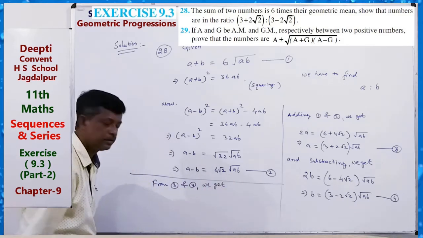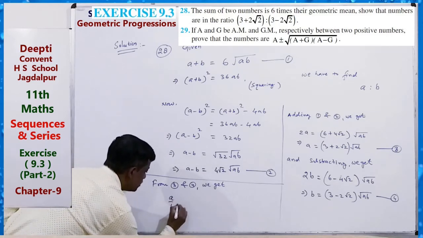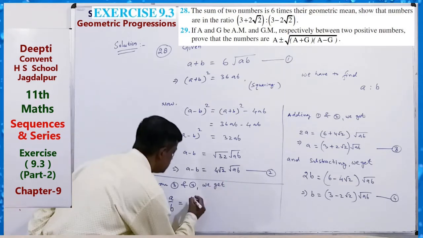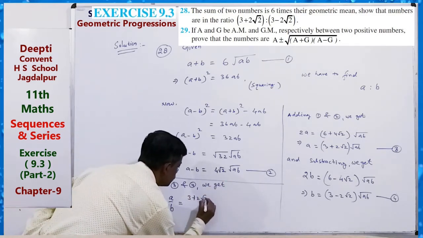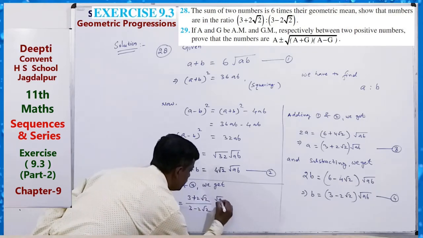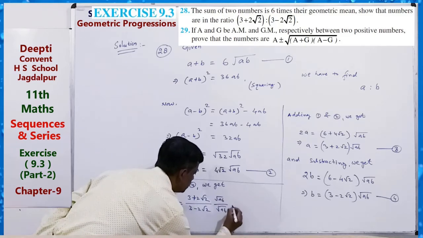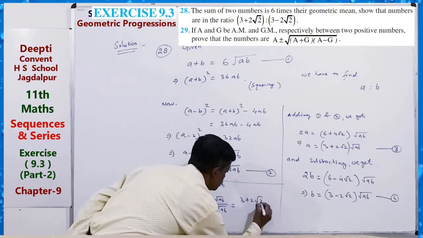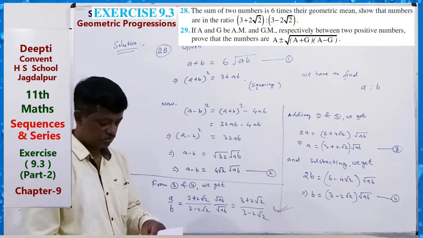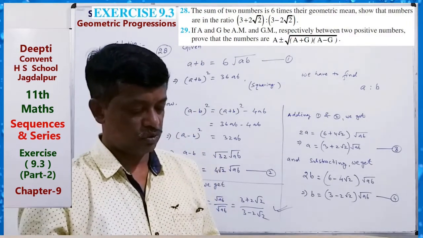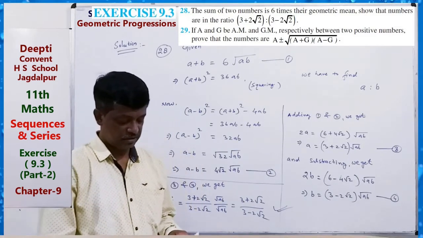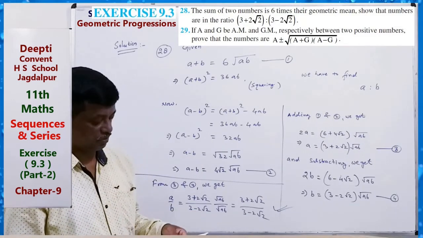We get a by b, just divide third by fourth: 3 plus 2 root 2 root ab upon 3 minus 2 root 2 root ab equals 3 plus 2 root 2 upon 3 minus 2 root 2. So this is the required ratio, 3 plus 2 root 2 ratio 3 minus 2 root 2. Clear? 29 is also the same type of question.